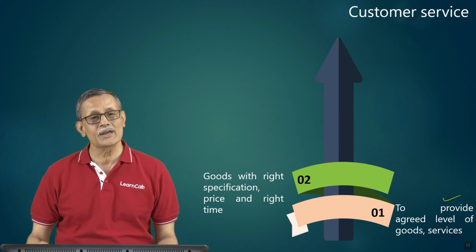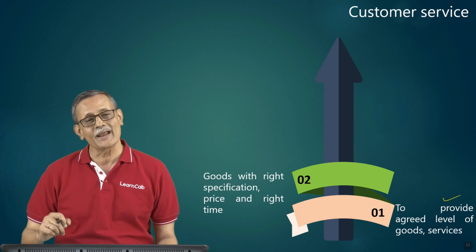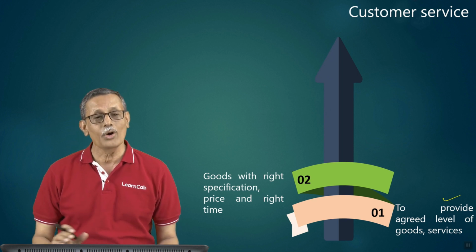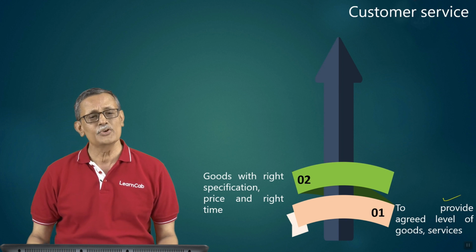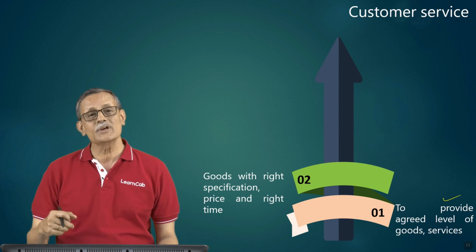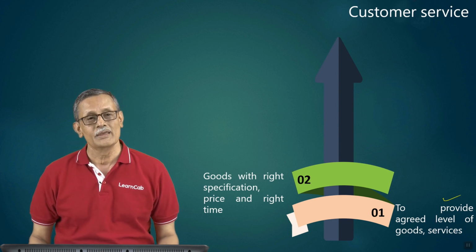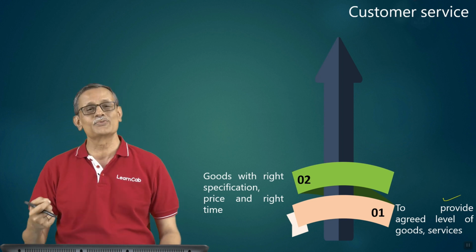Next, when you say customer service, it says goods with the right specification, price and right time. All these require a lot of dedication and hard work. For example, given the competition today, a company like Amazon says it will deliver in 2 hours, and if it is late by 2 hours, it will give you the goods free.